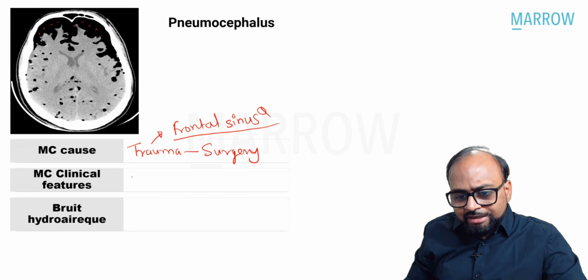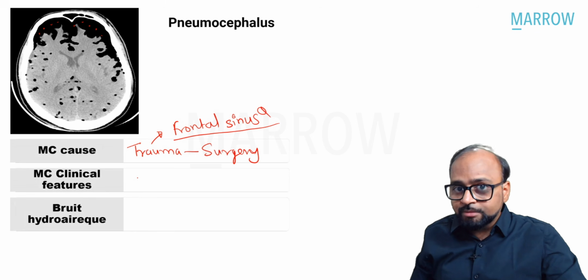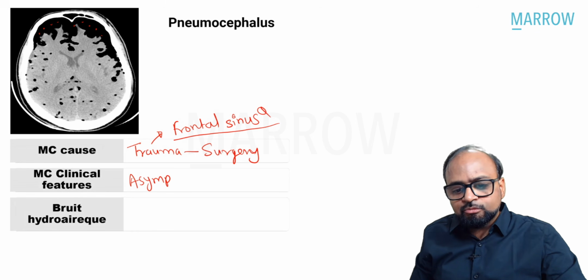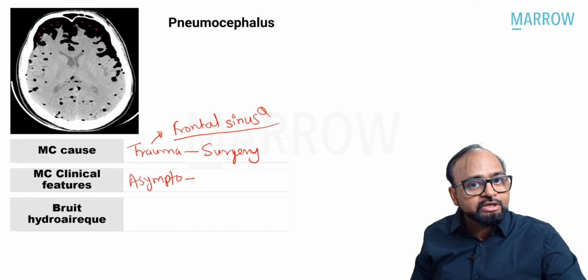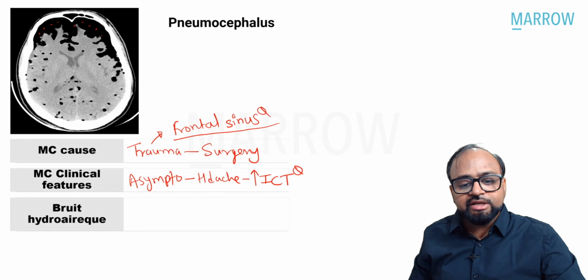Most commonly, in the initial stages, when the air is minimal and at low pressure, the patient may be asymptomatic. But as the amount of air as well as the pressure increases, the patient may experience headache, and this may progress to signs of raised intracranial tension.